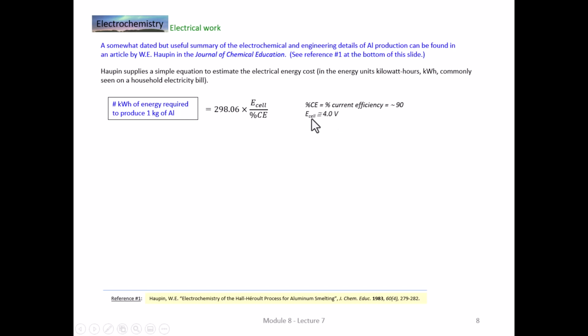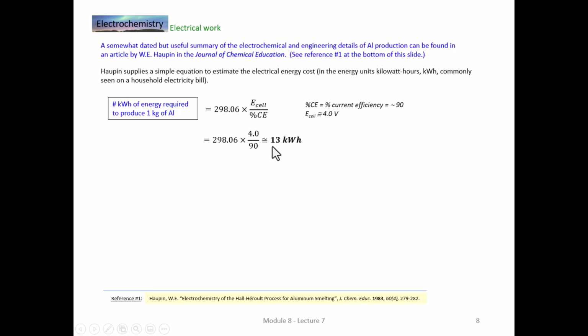If we use the voltage drop of 4 volts, we can get an energy requirement to produce a kilogram of aluminum. And I assume this means for the entire process, not just the production of aluminum from aluminum 3+, but also running the plant, maintaining the high temperatures, production of carbon anodes, and so forth.